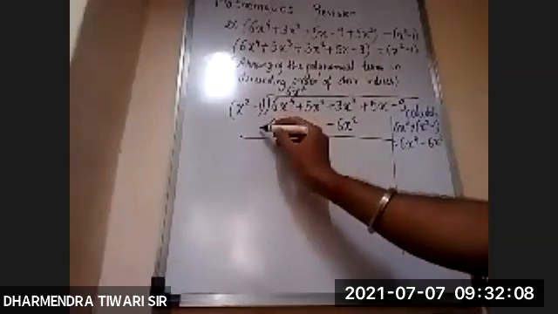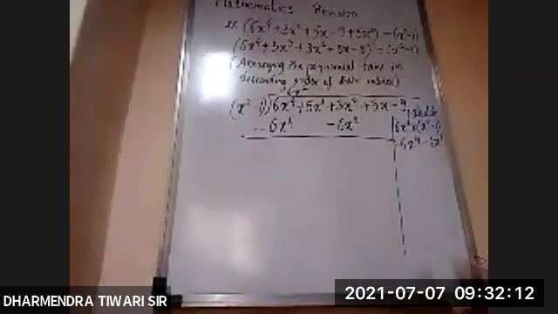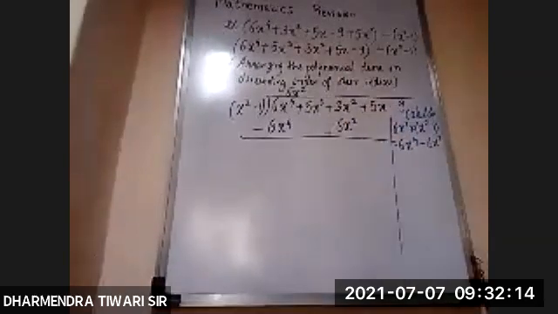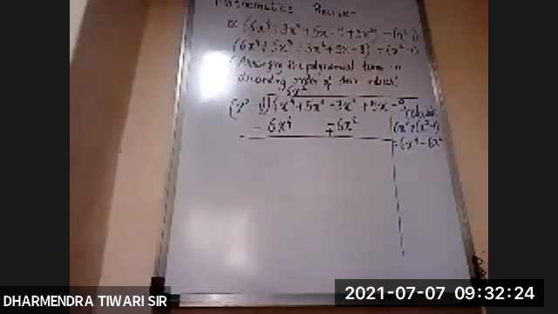Now the opposite sign. And here it is minus, so write here plus. As per the rule, whatever term we are getting, we have to take its opposite sign, or multiply with minus: the terms having plus sign get converted to minus, and the terms having minus sign get converted to plus.